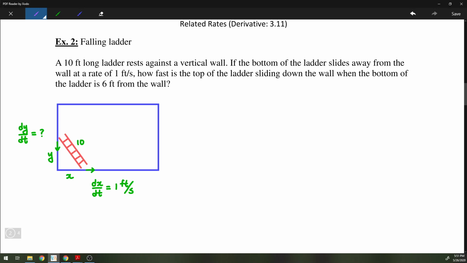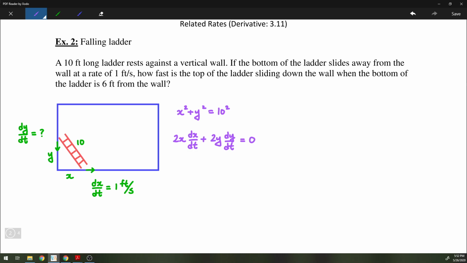And we know the relationship between these two variables is that x squared plus y squared equals 10 squared. Okay, so we can take the derivative of both sides. We'll have 2x dx/dt plus 2y dy/dt, and that's going to be equal to 0 on the right-hand side.